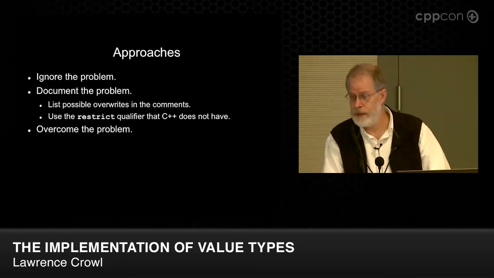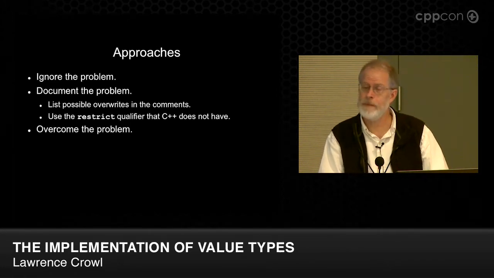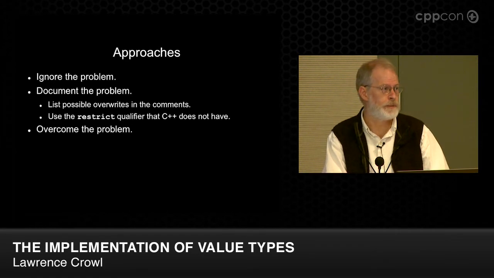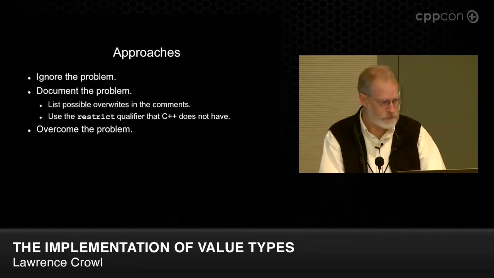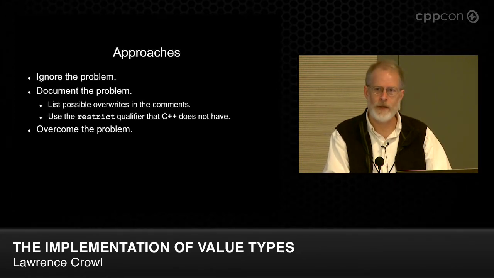The second one is used a lot by people that use the restrict keyword, which is not in C++, but nearly every compiler supports. The third thing you can do is overcome the problem. And I recommend that approach because you, as a programmer of a value type, are in the best position to prevent aliases. Sometimes it's not feasible, but I recommend that approach.